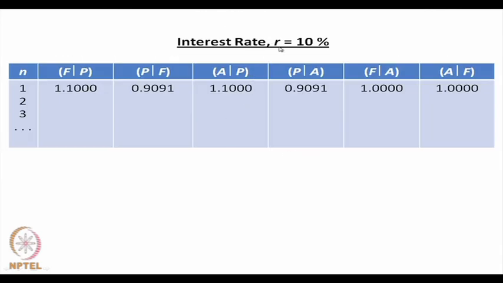For example, for an interest rate of 10%, for different values of n, the 6 factors could be given: to find F given P, single payment compound amount factor, single payment present worth factor and so forth. The values are calculated and tabulated. For different rates, different tables and for different values of n are available.